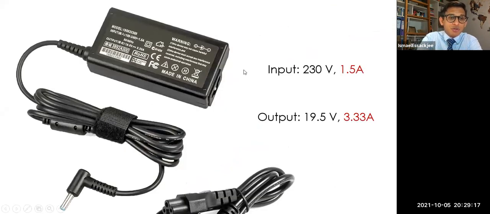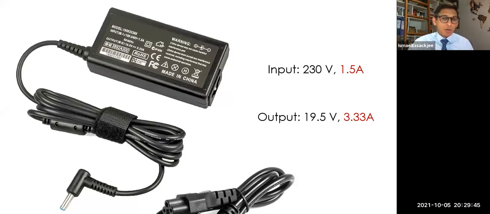If you're using a laptop, the charger's input side, which is connected to the power supply from your home, uses 230 volts, and it can supply 1.5 ampere, which is a current. Volt is the voltage. The output, which is connected to your laptop, supplies 19.5 volts, and in terms of ampere, it is 3.33 ampere.